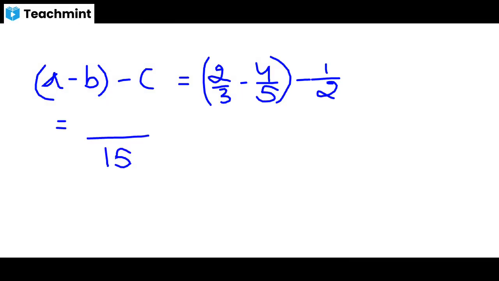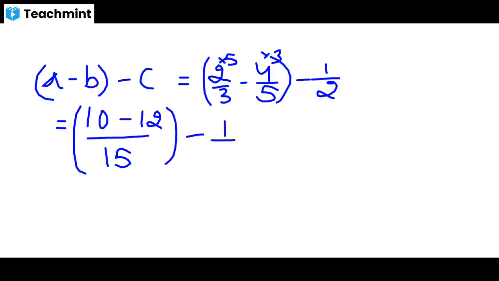And this you are multiplying with 5 and here you are multiplying with 3. So 2 5s are 10, 10 minus 12, minus 1 by 2. So here, if you simplify, 10 minus 12, that is minus 2 by 15 minus 1 by 2.